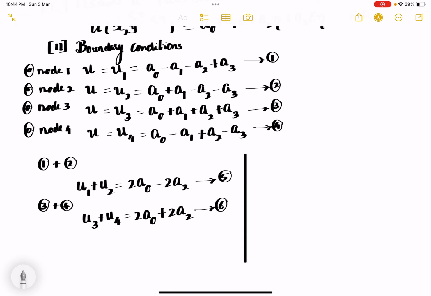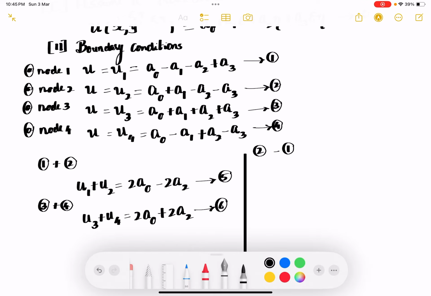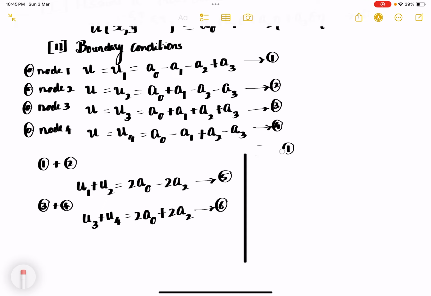And I'm just going to subtract 1 and 2, or maybe I can subtract 2 and 1. So 2 and 1 or 1 minus 2, whatever you want to do. If it is confusing for you, let's try 1 minus 2. Nothing wrong in it.